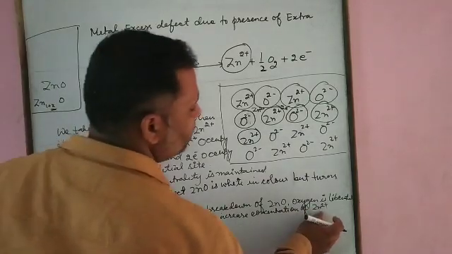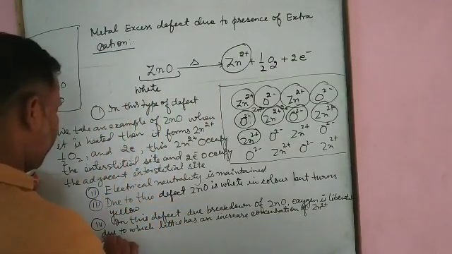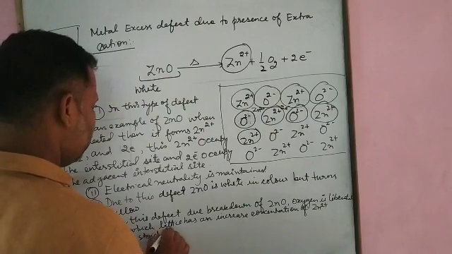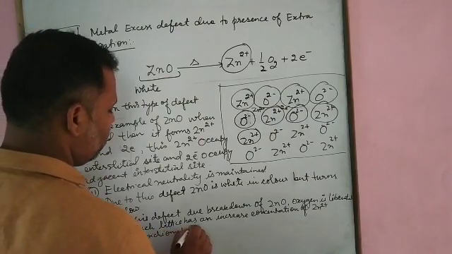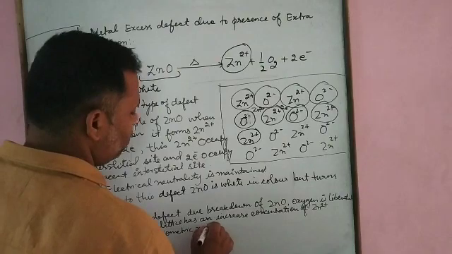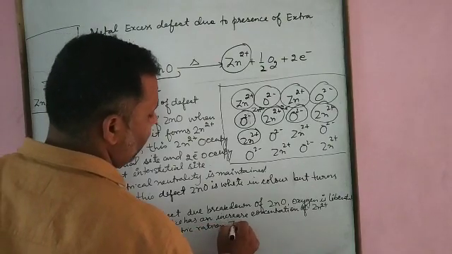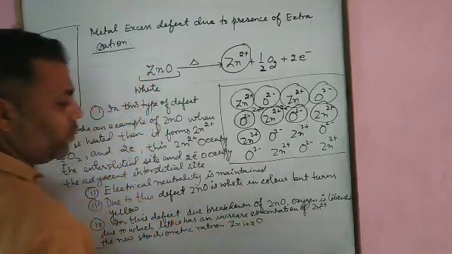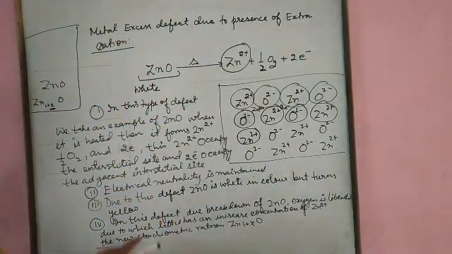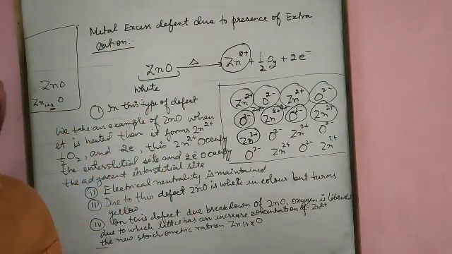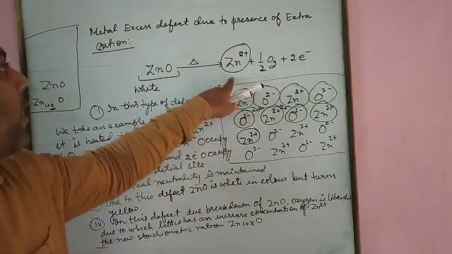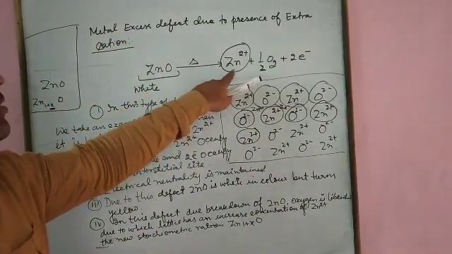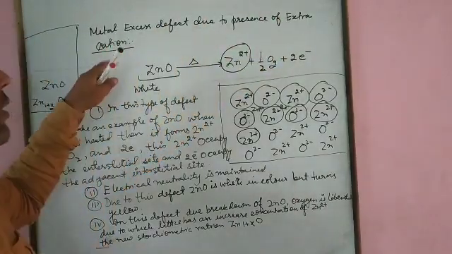The new stoichiometric ratio is Zn1+xO. Next, we see that in this type of defect there is an increase in the number of metal cations. Therefore, it is known as metal excess defect due to presence of extra cation.